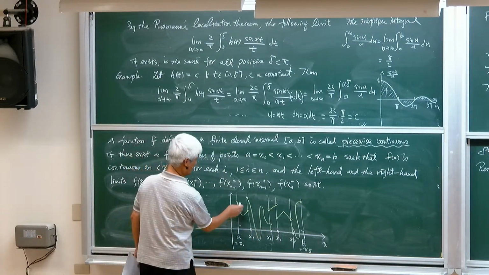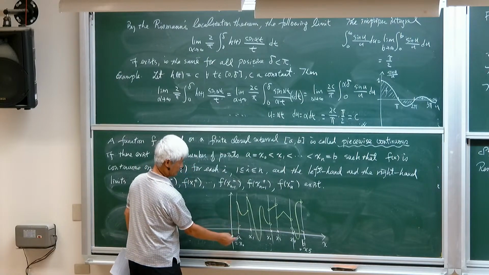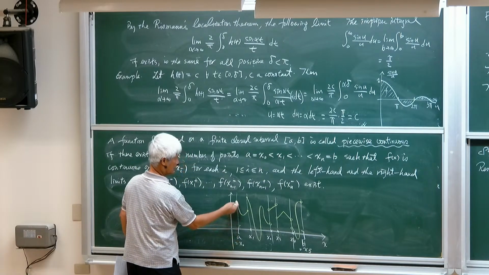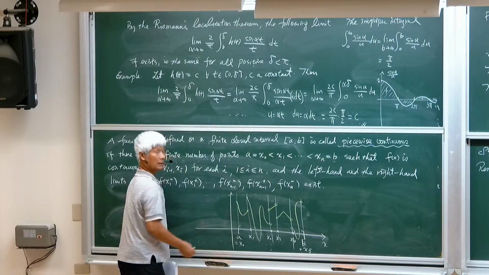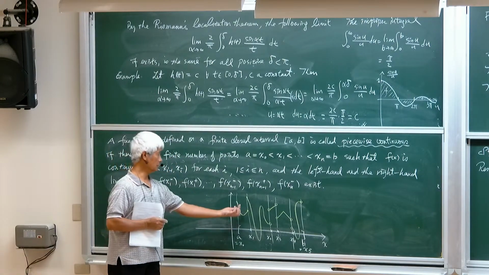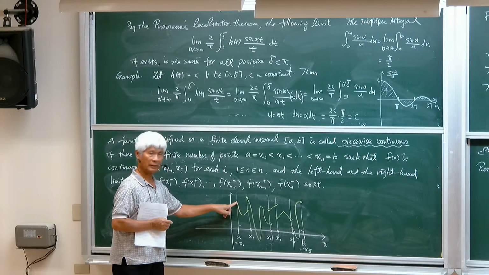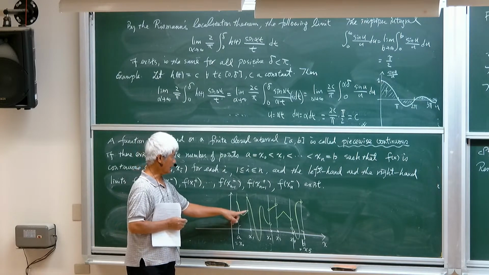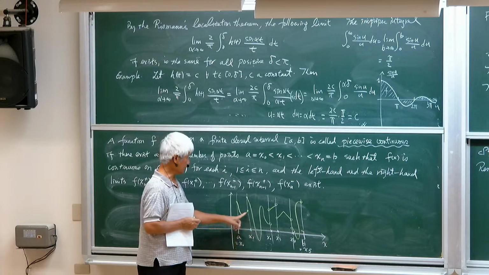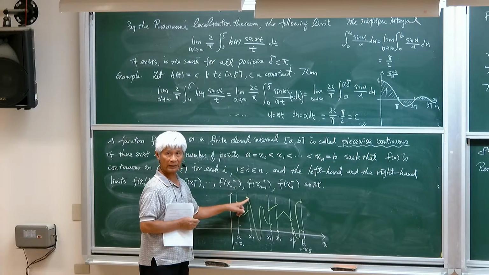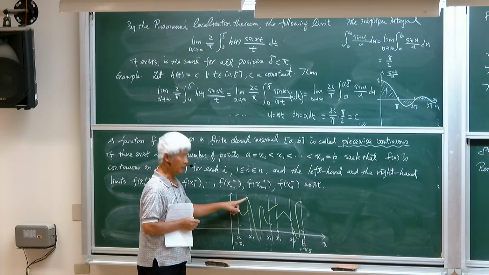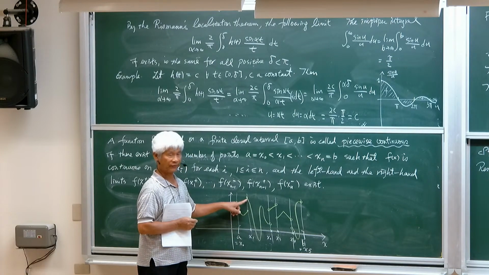So you can see that at x0, the function has the right-hand limit, because when you approach that, you have this one. And at x1, it has a left-hand limit and also a right-hand limit. But these two limits may be different, and in this case, they are different.